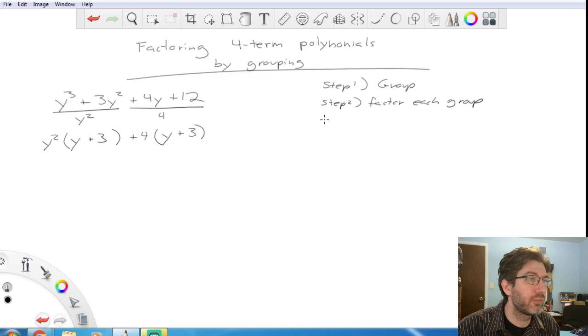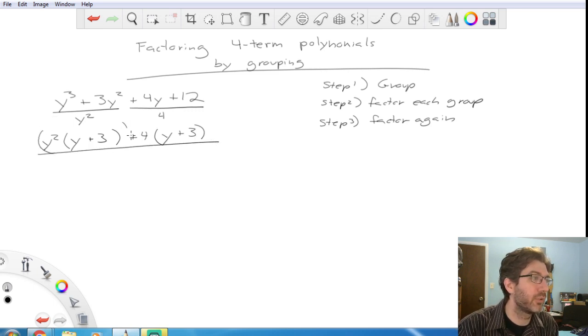And at this step, you should notice that you can factor again. And I'm going to look at both these terms together now. What can I factor out of this term here and this term here? Well, I can factor out that y plus 3. So in doing so, I'm going to multiply everything by y plus 3.